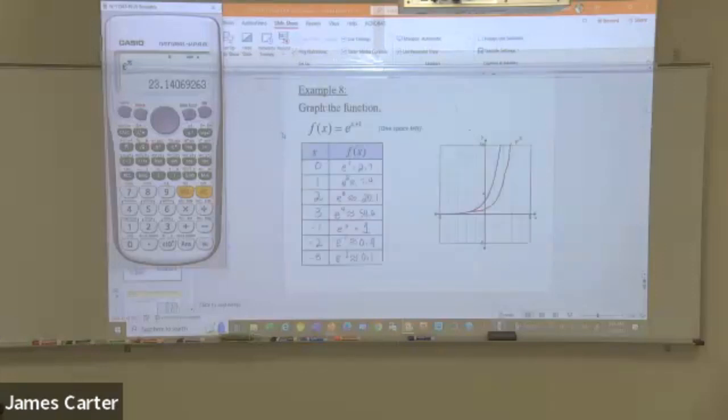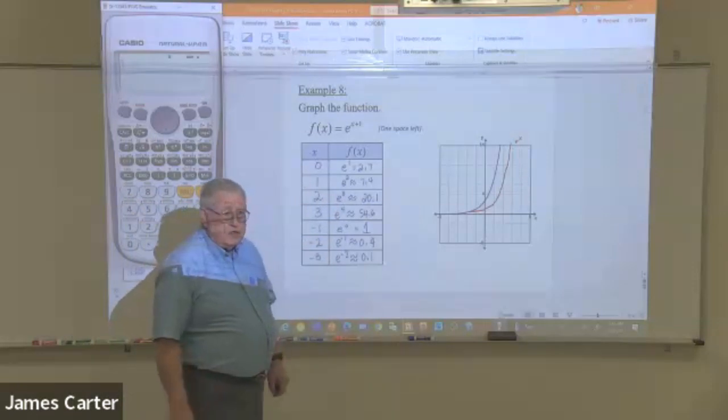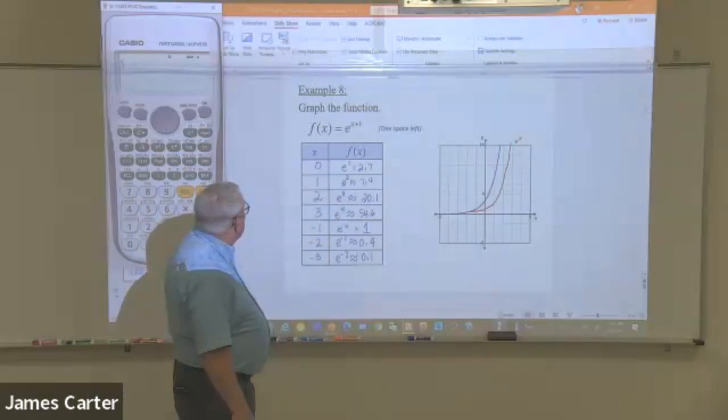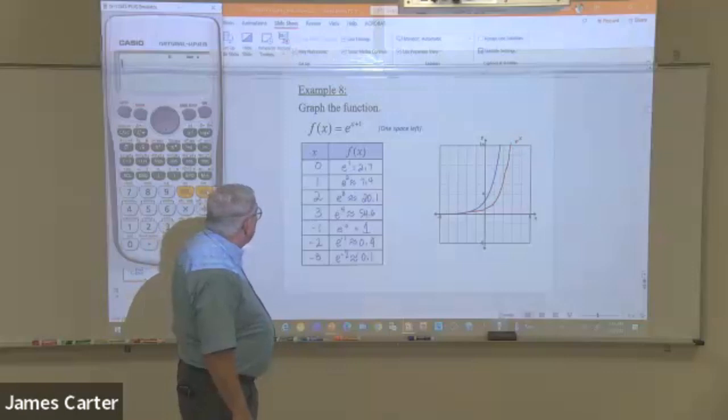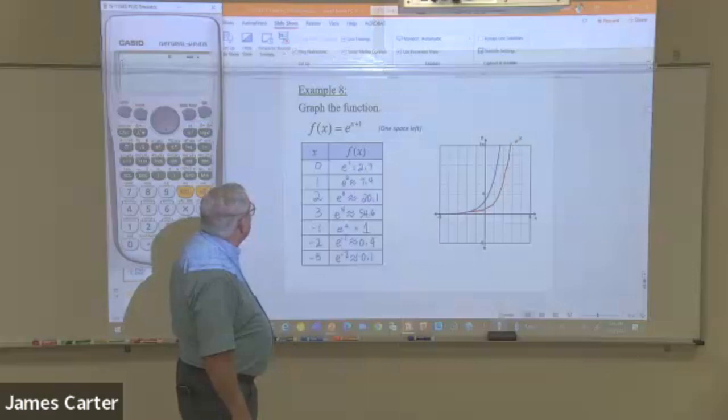Now, let's go to this page. Let me clear this out. You actually don't need a calculator to do this page. Well, actually, you kind of do, because the numbers get complicated as you go.